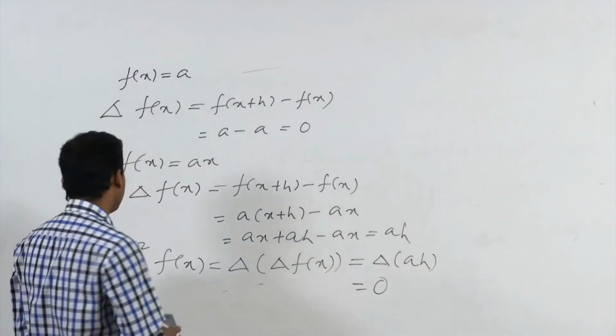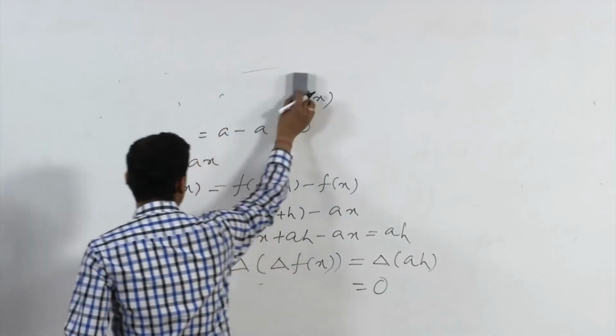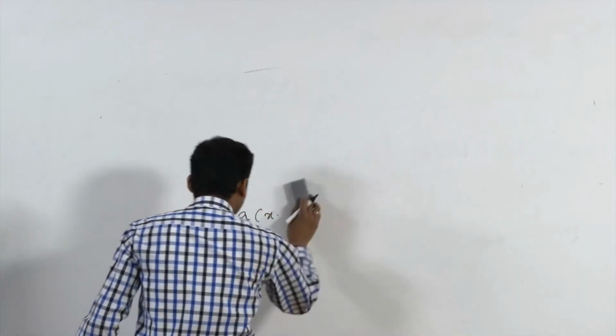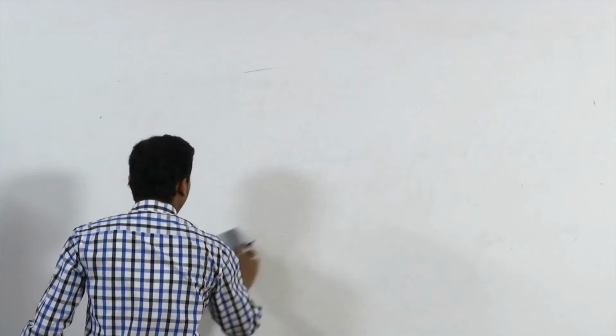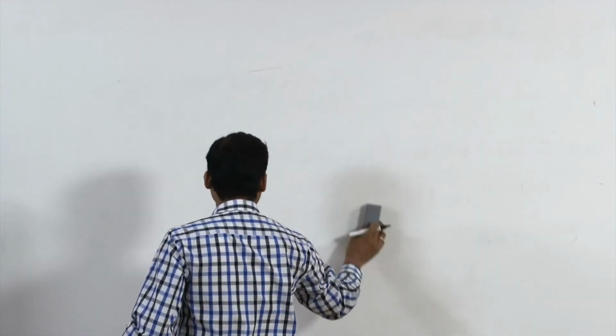Similarly, if you consider f of x as a second degree polynomial, that is f of x equals x square, then delta of f of x will give you a first degree polynomial, and delta square of f of x will give you a constant polynomial.